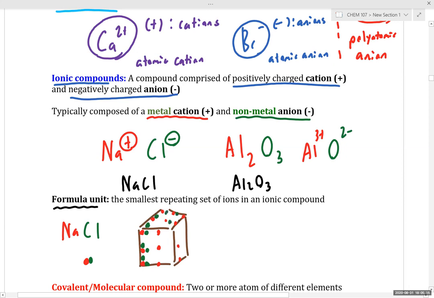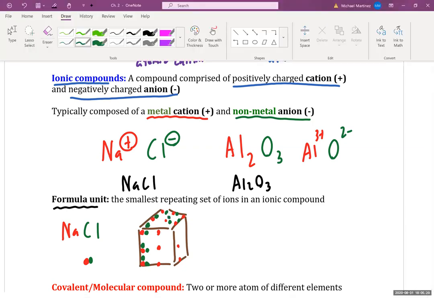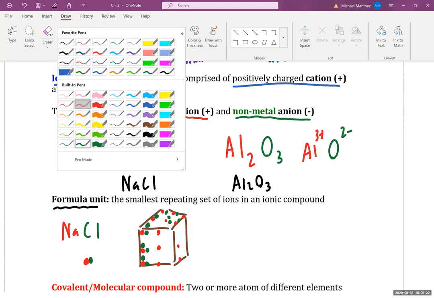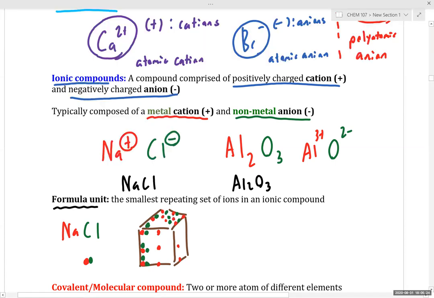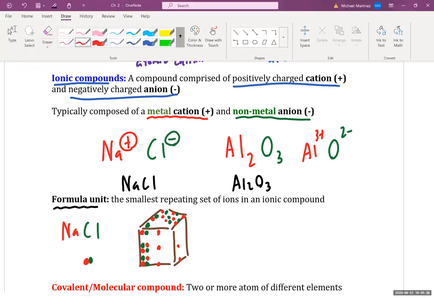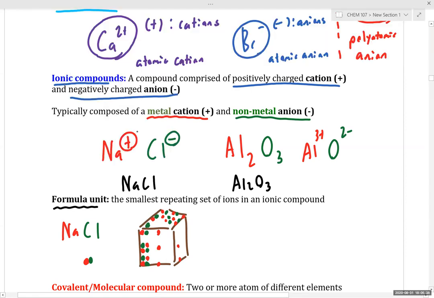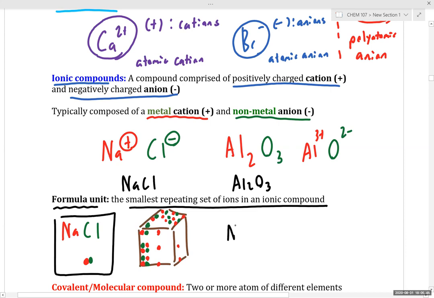So we take this smaller repeating unit of our cation and anion, this smaller formula unit, and upon repetition, we are able to generate a complicated lattice structure. So just to boil this down to the simplest thing that you need to know, the formula unit is the smallest repeating set of ions in our ionic compound. So for sodium chloride, the formula unit would be NaCl.